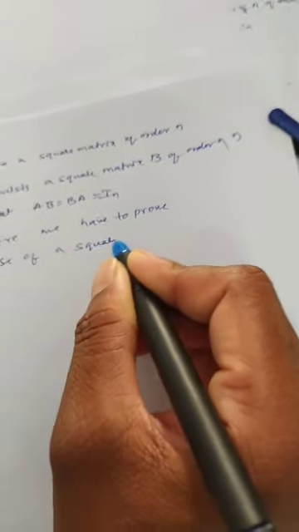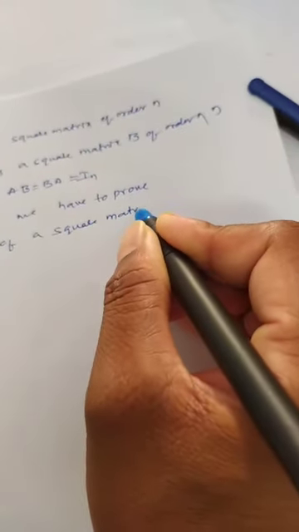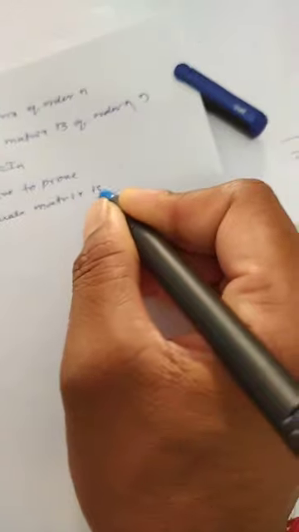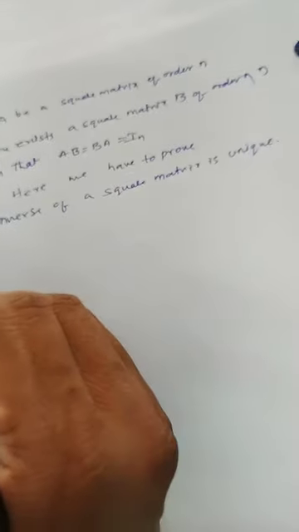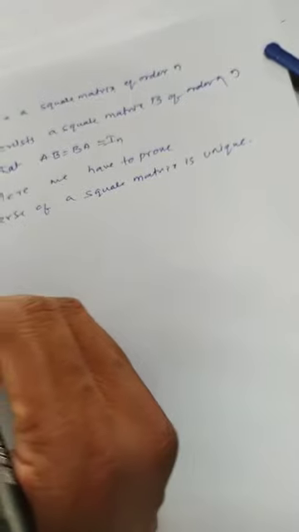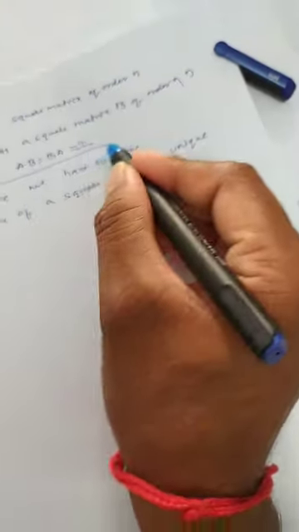the inverse of a square matrix is unique. Here we have to prove the inverse of a square matrix is unique. Right? What is the proof? Actually, this is the definition of the inverse matrix.